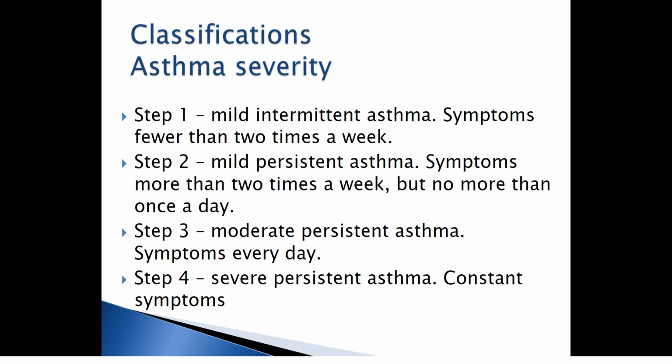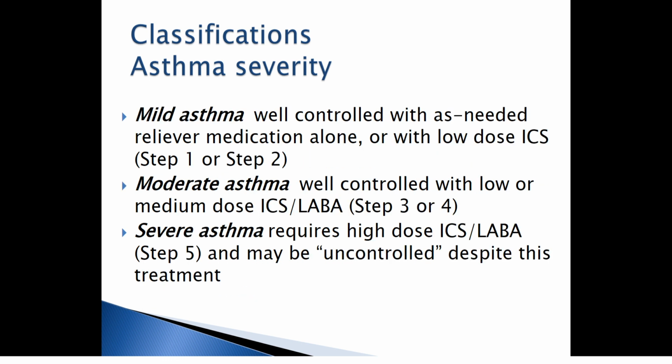And now scientists even make a new classification based on the treatment effect. Mild asthma is well controlled with as-needed reliever medication alone or with low-dose inhaled corticosteroids. There is a stepwise treatment of asthma, which includes 5 steps.